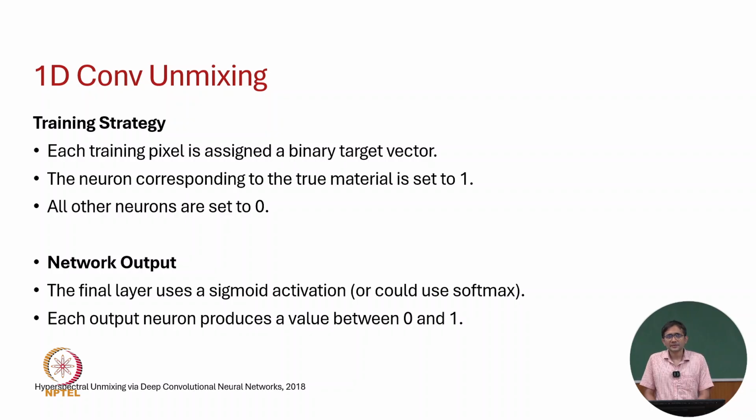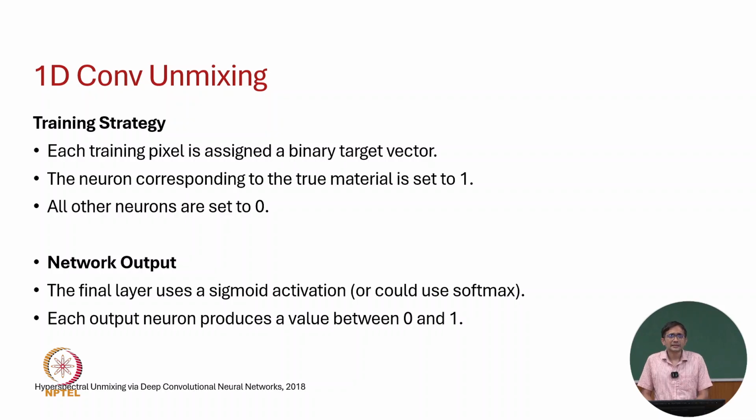So in this case, what we are seeing is that the training itself is not even taking into account the abundance here, whereas the output that we get from the final layer of the network can use a sigmoid activation or even softmax, depending on the exact implementation of the architecture.